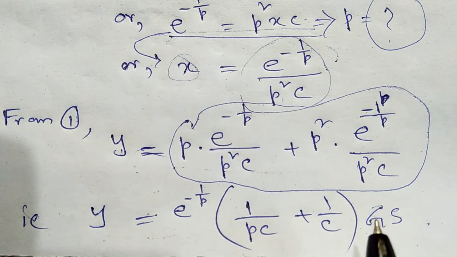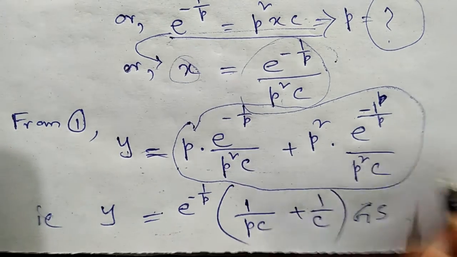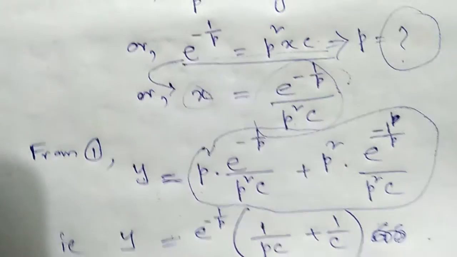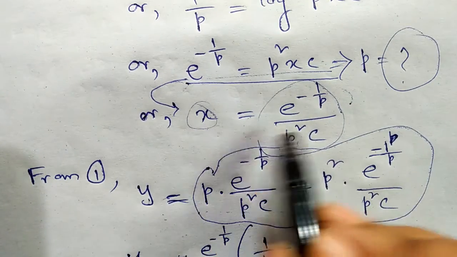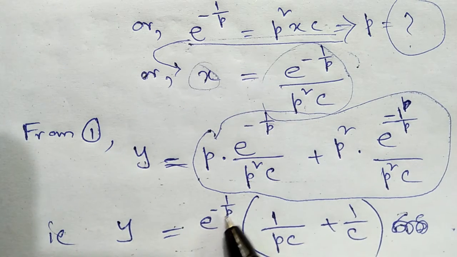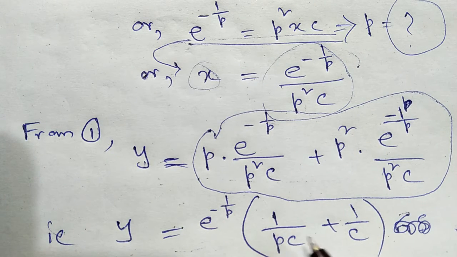Finally we get the general solution, which is a parametric solution. In the general solution I should write both: x equal to e to the power minus 1 by p square c, and y equal to e to the power minus 1 by p into 1 by pc plus 1 by c.